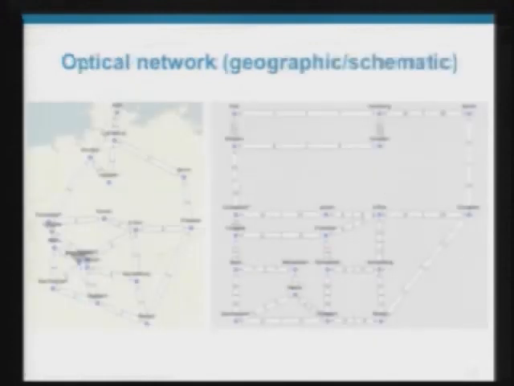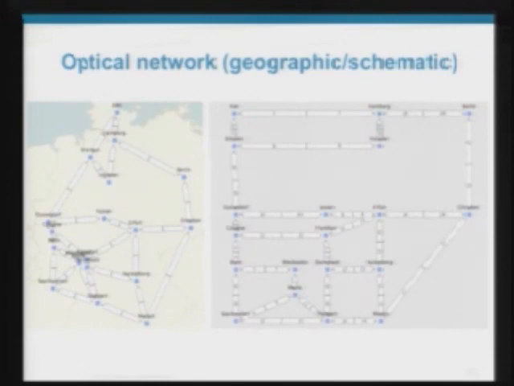The optical network itself, again, I've been told this is pretty realistic for the German optical network. It's a little bit difficult to see the geographic layout, so there's a schematic layout presented here. Okay. Lots of rings, nothing terribly unusual.